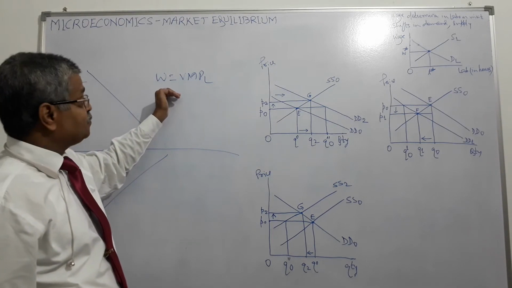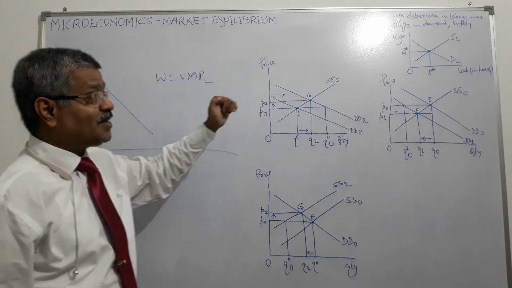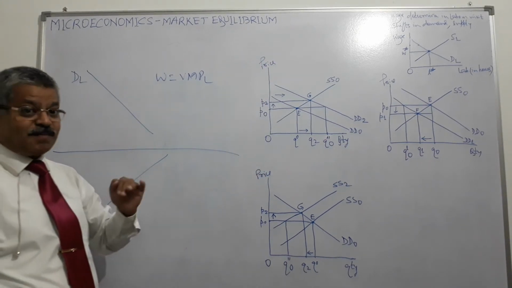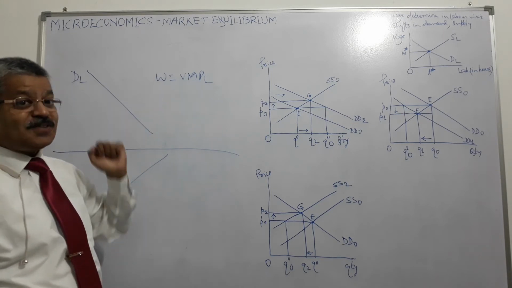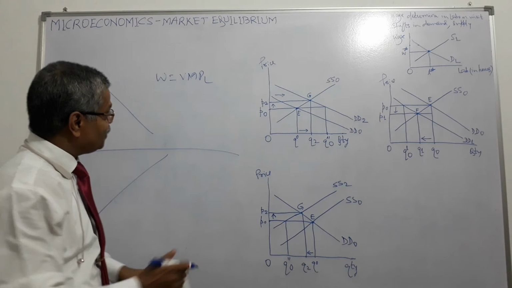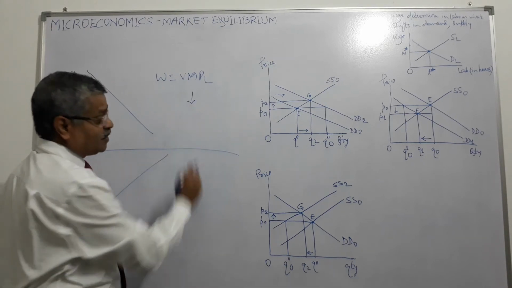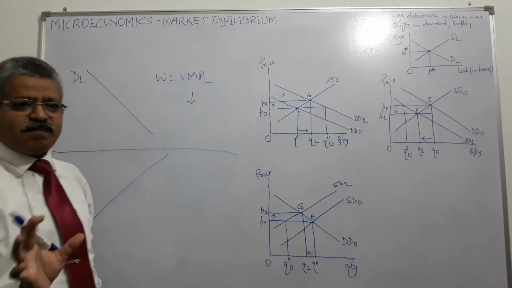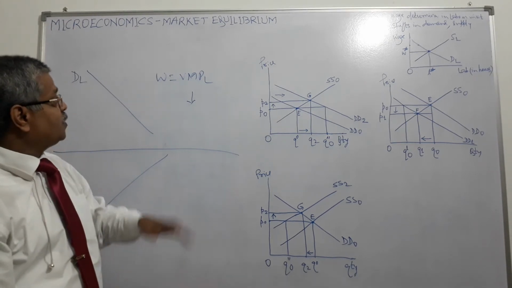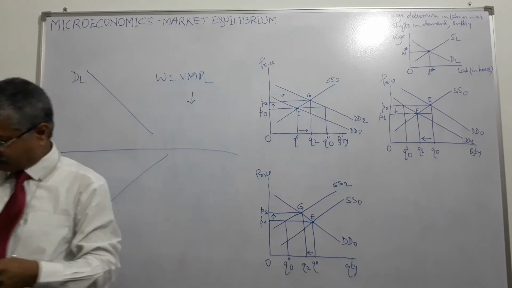So what happens when the wage goes up? The firm has to increase the marginal product of labor. How can they do that? By reducing the number of labor. Number means number of hours of labor, not the number of laborers, right?